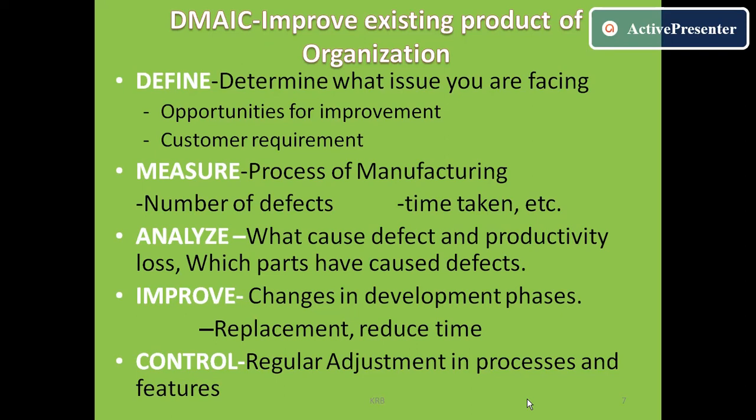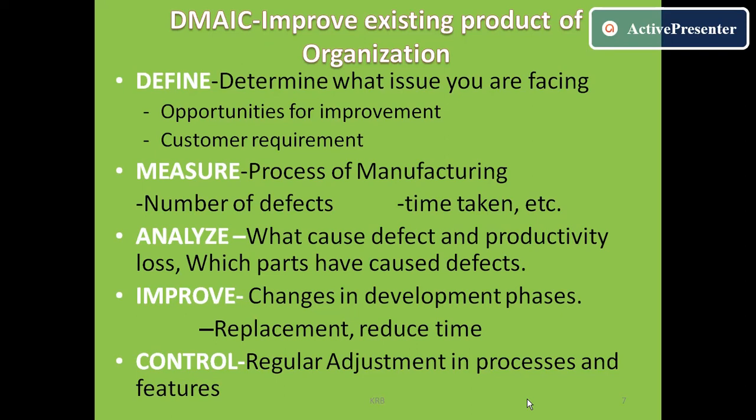Second is measure, that is the process of manufacturing, number of defects in the product, and time taken to develop that product. In the analyze part, we check what caused defects and productivity loss and which part has caused the defects. Next one is improve.